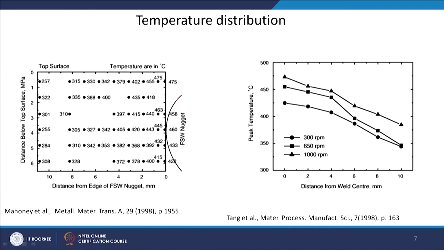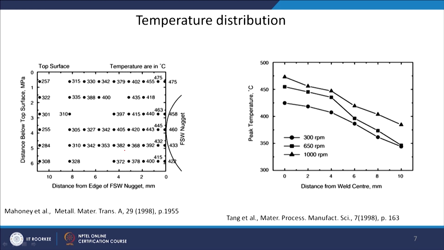So, this is your top surface, and this is your distance from the edge of the FSW nugget on the x axis here, and this is distance below the top surface. So, this whole temperature profile is shown here. As you go towards the nugget or the stir zone, the temperature is more. This is for aluminum alloy.